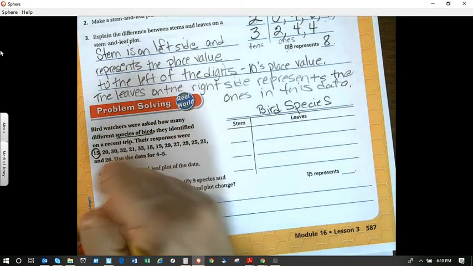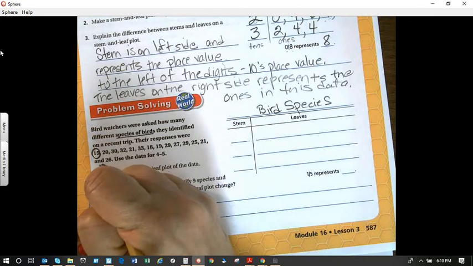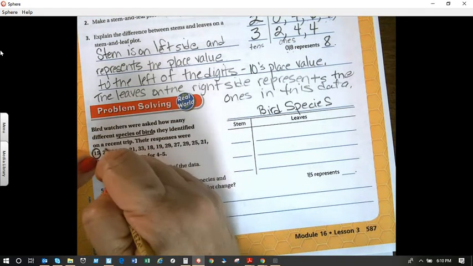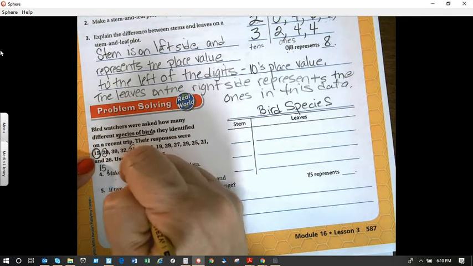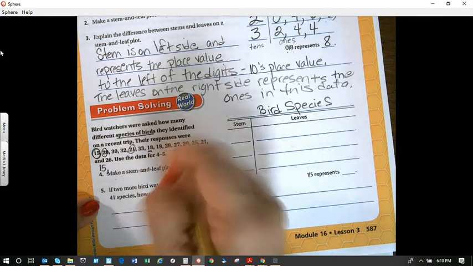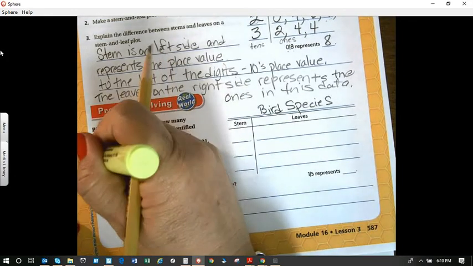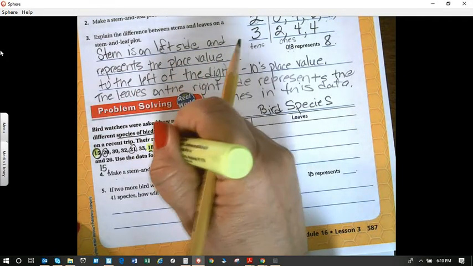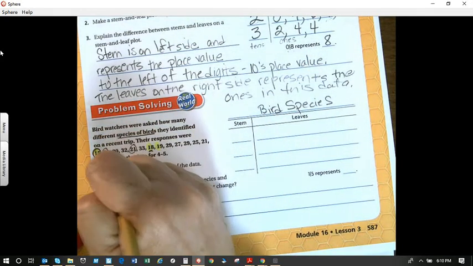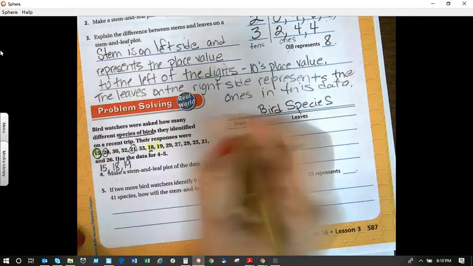I'll list this one. Next are the 20s. So I highlight: I have 15, 18, 19. And I'm done here.